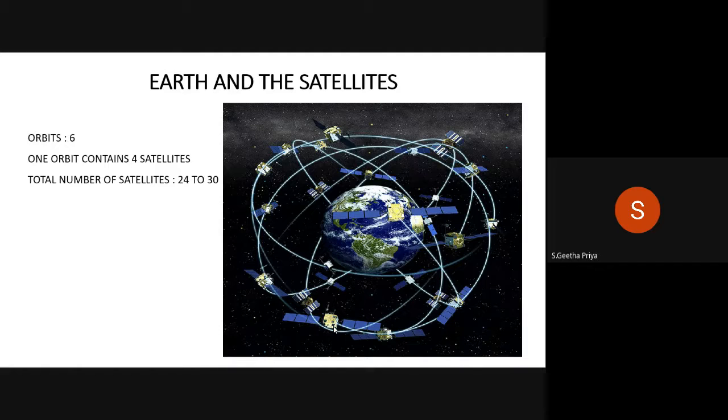Now let's see how GPS, or your satellite, finds the exact position of your location. Consider a person having a device or a smartphone with access to GPS. He wants to book a cab, either Ola or Uber or something else. So your smartphone will access GPS and find the exact position of where you reside.